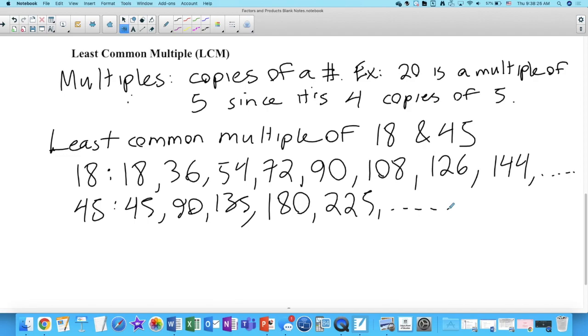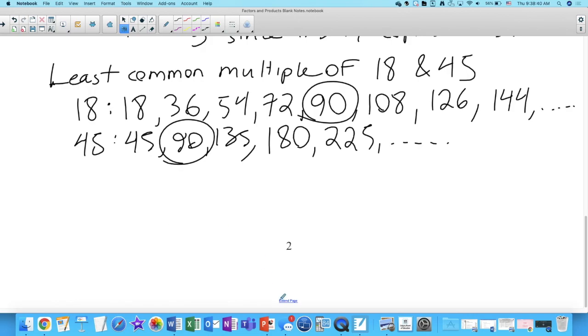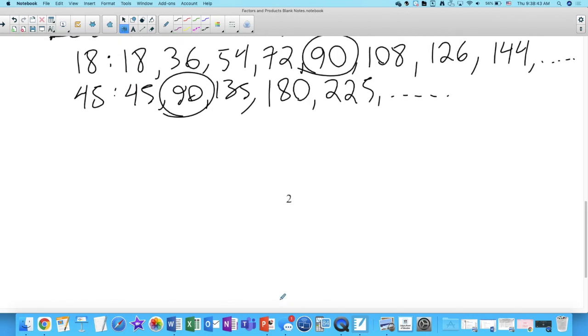So again, if the numbers are relatively small, writing out lists of multiples and comparing is not too tedious. But when they get much bigger, it becomes not such a fun process, right? So let's look at how we could figure this out through prime factorization.